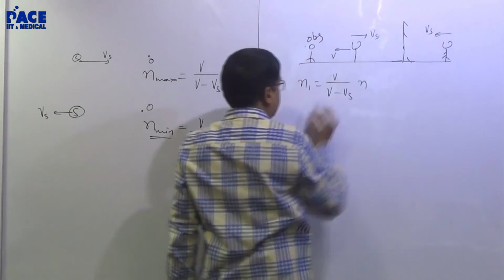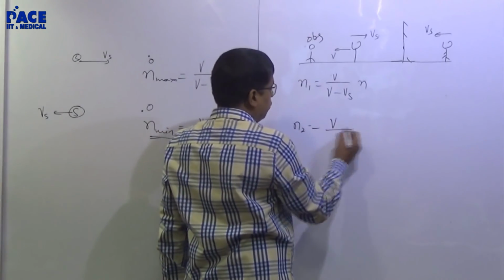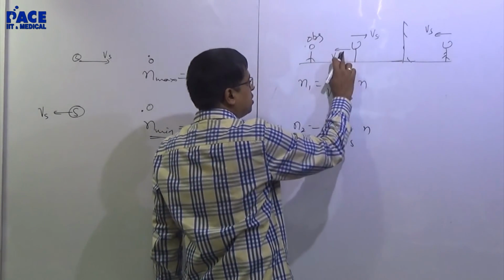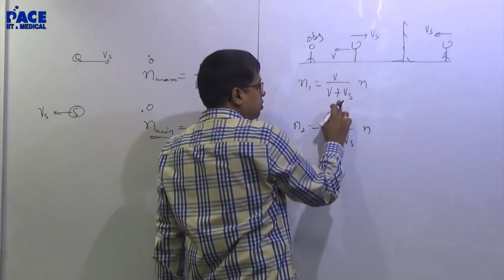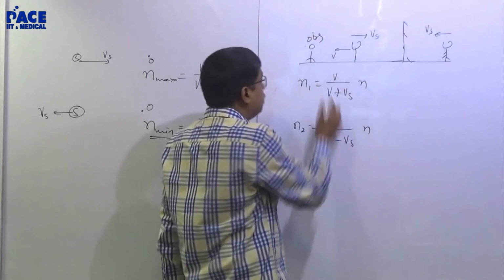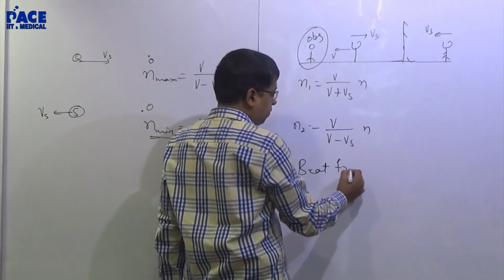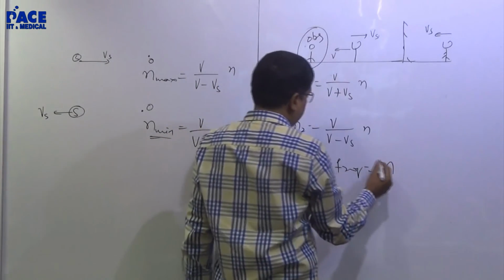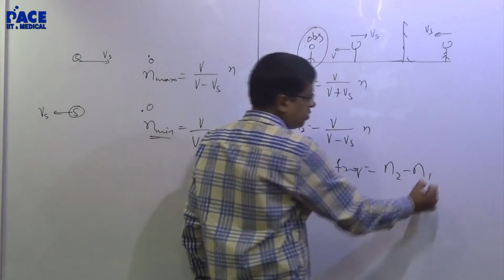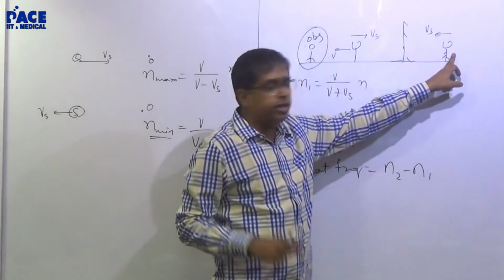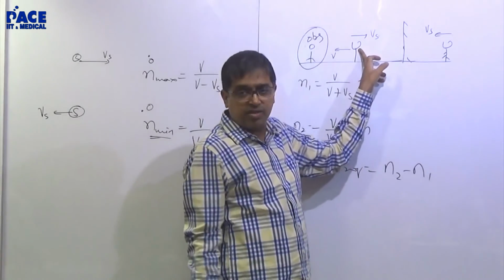And then this will be Vs. N2 will be V by V plus Vs into N. This is plus because sound and source are in opposite direction. The other will be minus. So this observer will hear a beat frequency. This will be N2 minus N1.